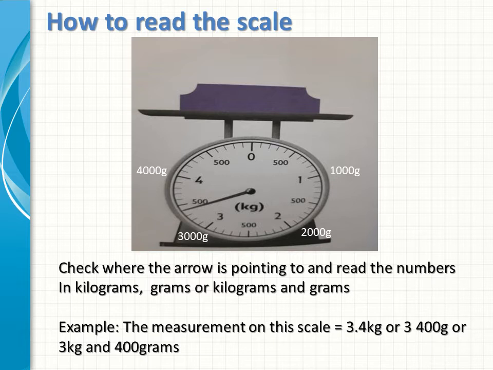I would say 3,000, 3,100, 3,200, 3,300, and 3,400 grams. So I can also say that. And finally, I can say I have 3 kilograms and 400 grams.